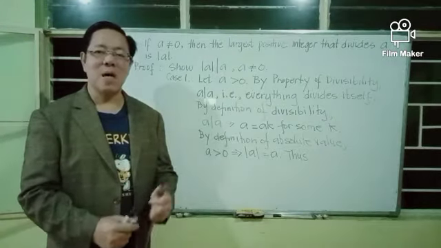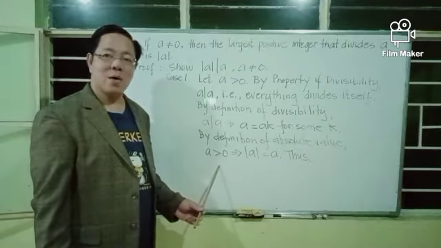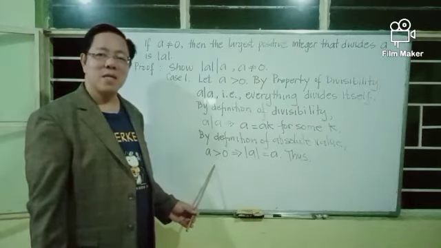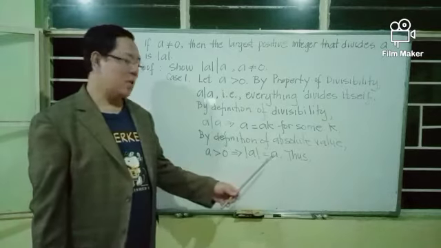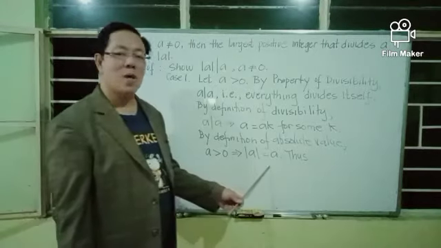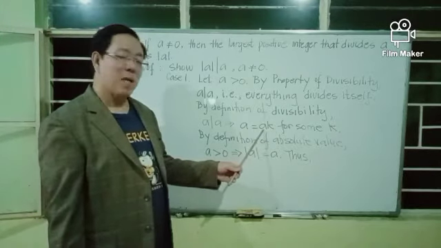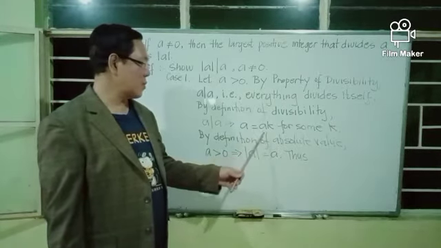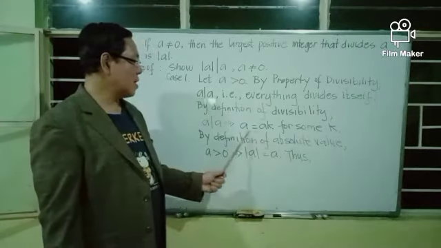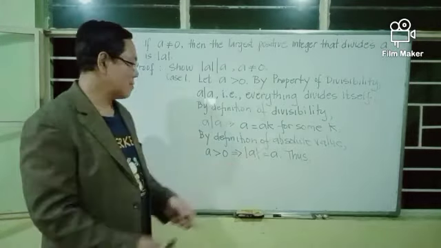By definition of absolute value, the absolute value of an integer a that is greater than 0 is equal to a. And here, a equals a multiplied by k. We replace a at the right hand side of the equation with the absolute value of a. So we write thus a is equal to the absolute value of a multiplied by k.